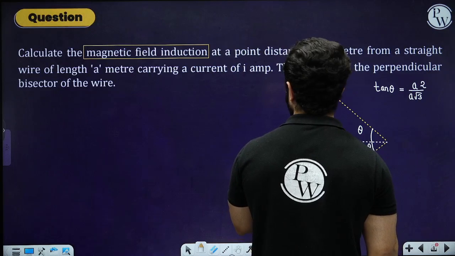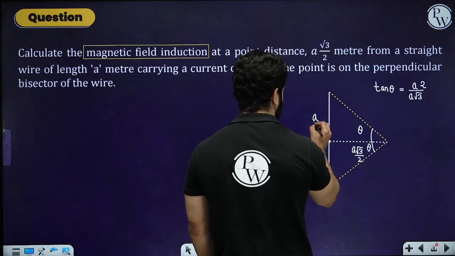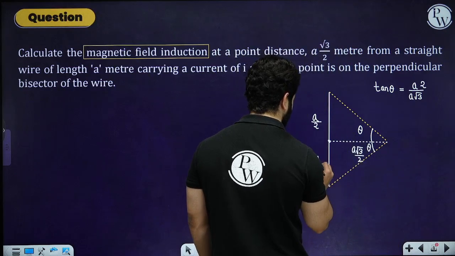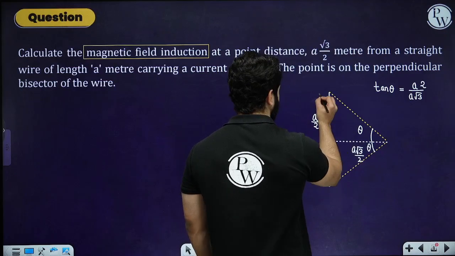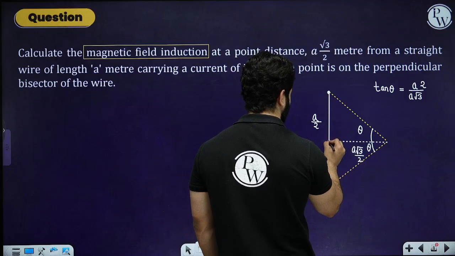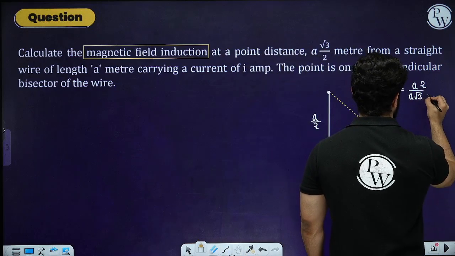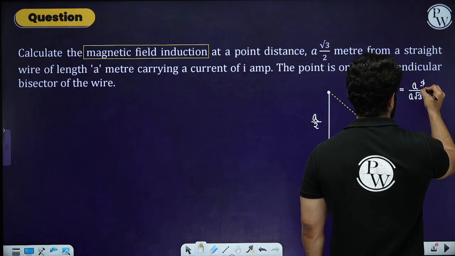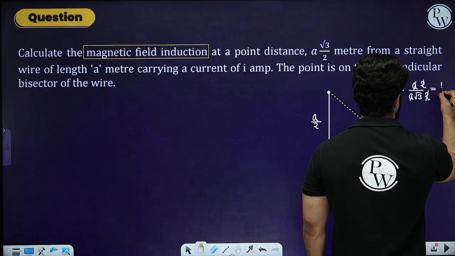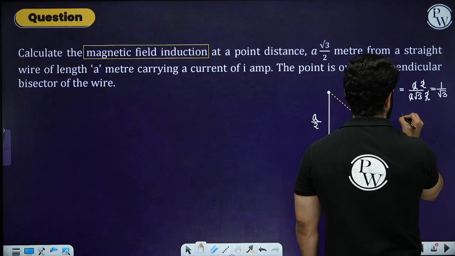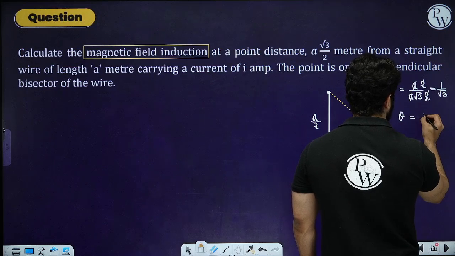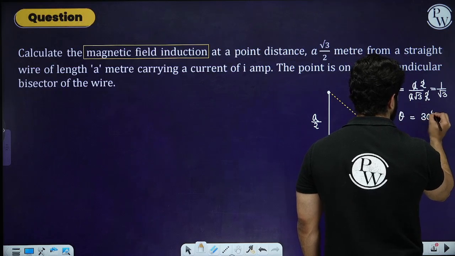So perpendicular is a, and so this is going to be a by 2, my dear dost, hai na? This is not 2a, so this is going to be a by 2. The length from here till here, it is going to be a by 2. So this is going to be a by 2 over here as well, of course. So this is going to be 1 by root 3. So that means theta is going to be tan inverse 1 by root 3, which is actually nothing but 30 degree.